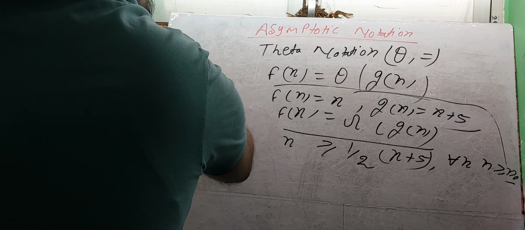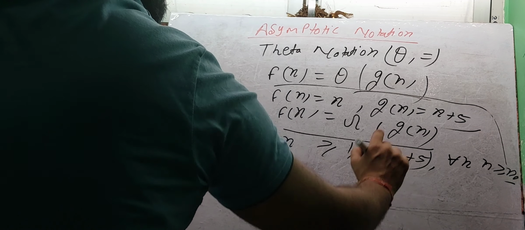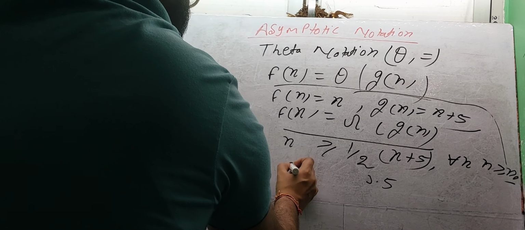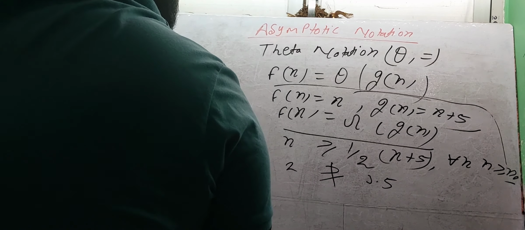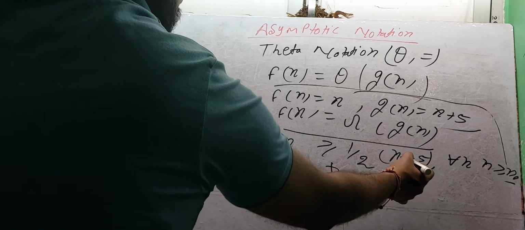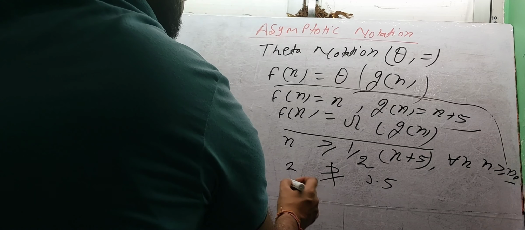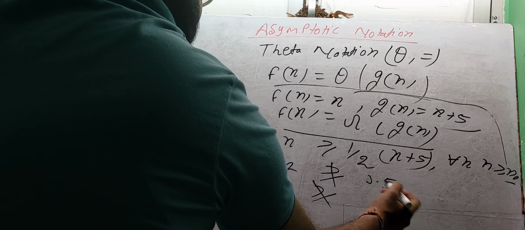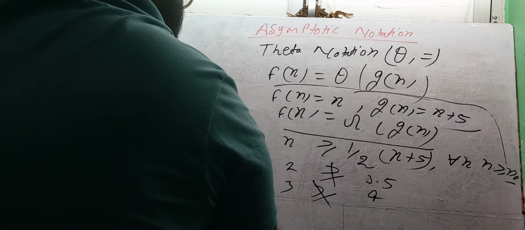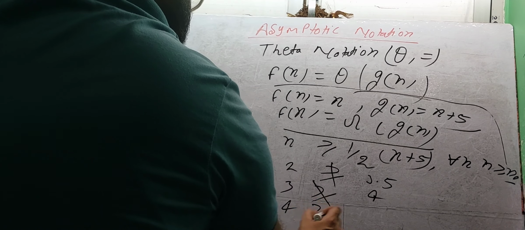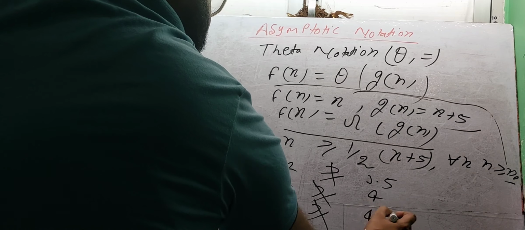Take 2, 5 plus 2 is 7, 3.5 on the right and here 2, that is not greater than or equal. Take another value, 3. Not possible, because 3 plus 5 is 8, 8 by 2 is 4. Now take 4. 4 plus 5 is 9, 4.5, it does not hold good.